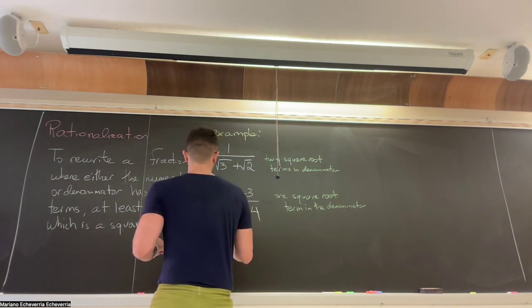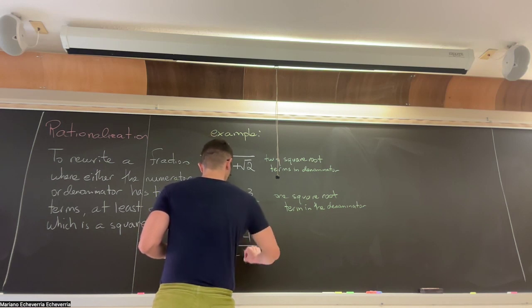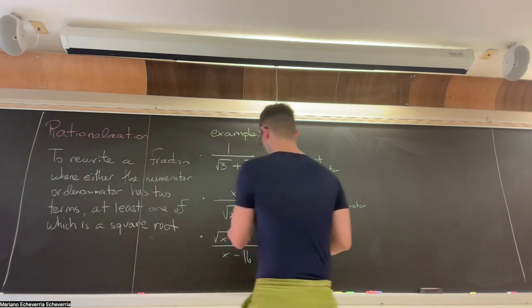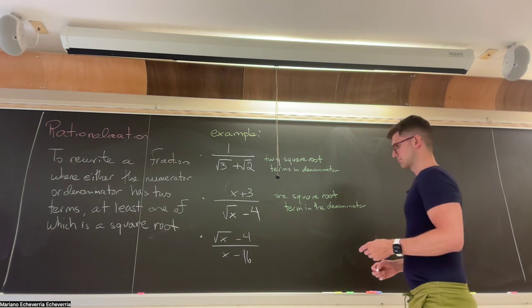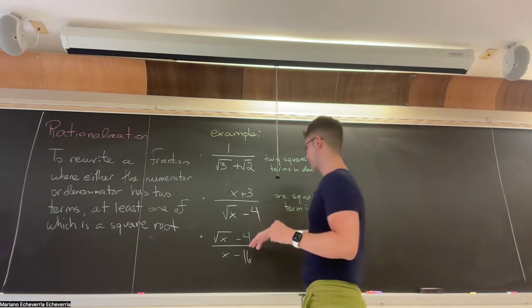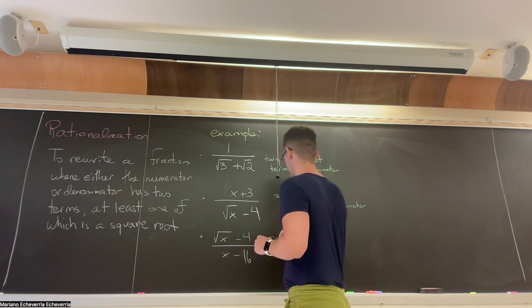You could have something like square root of x minus 4 over something. Again, it's an example where there's a fraction and one of the terms has at least a square root.